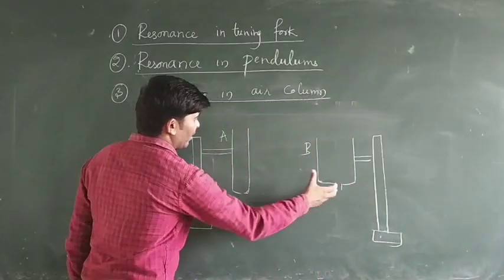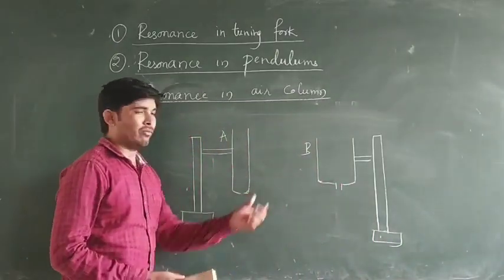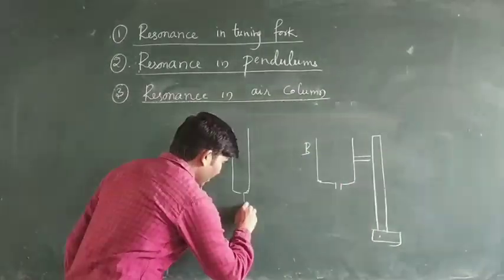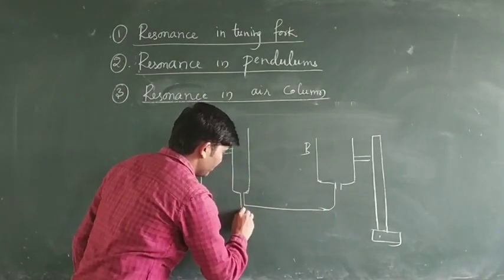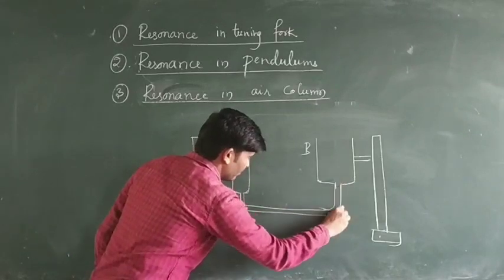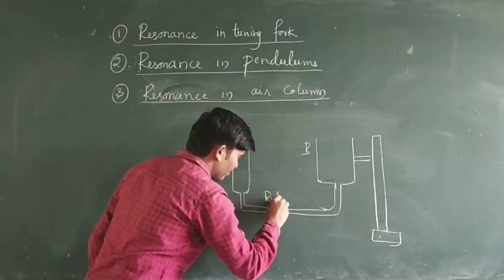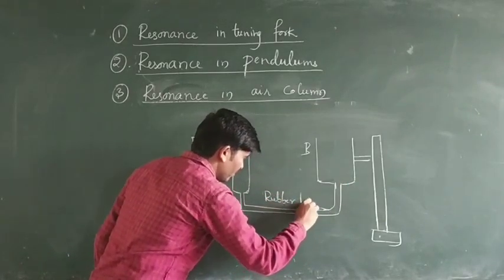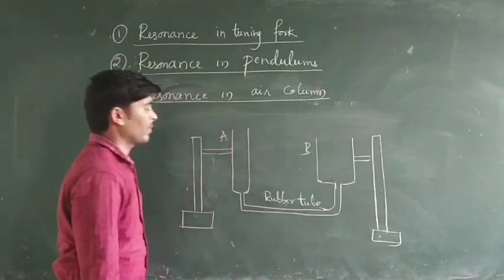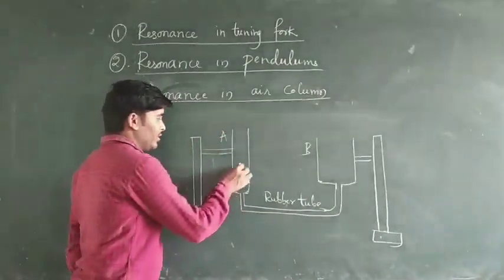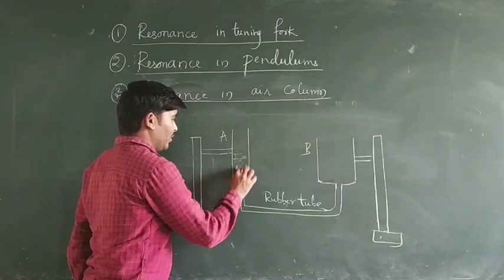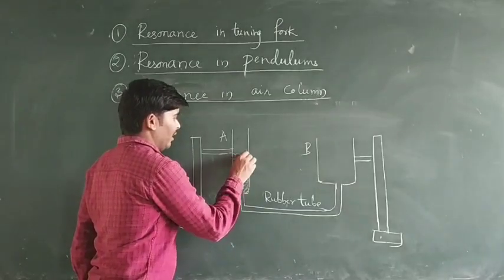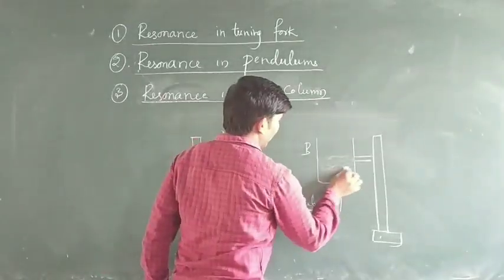The lower ends of the tube and vessel are connected with the help of a rubber tube. These two, the tube and vessel, are partially filled with water.